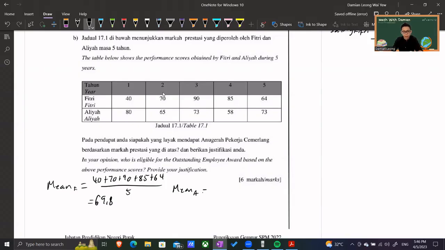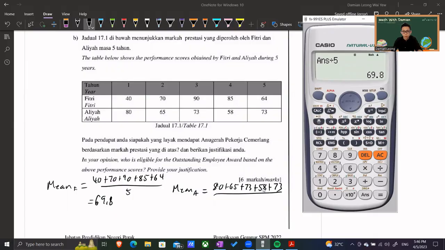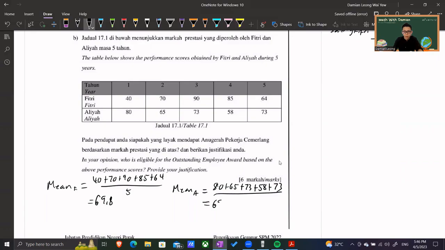Mean for Alia. 80 plus 65 plus 73 plus 58 plus 73. Divide 5 is the same.